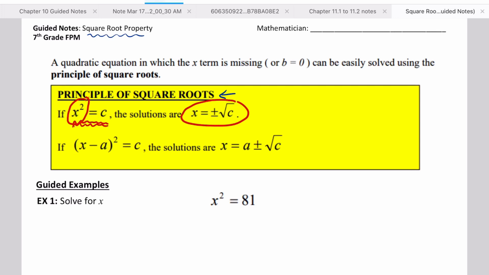Also, it's important to note that the x squared term is positive. We know that that's the x squared term because it has the 2 there. And it also has a coefficient of 1.